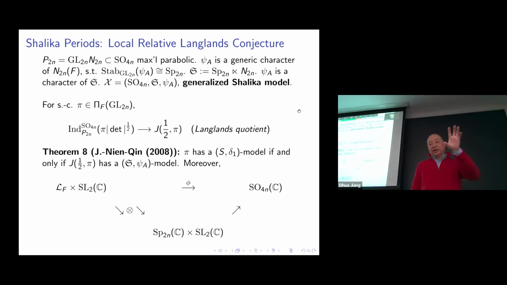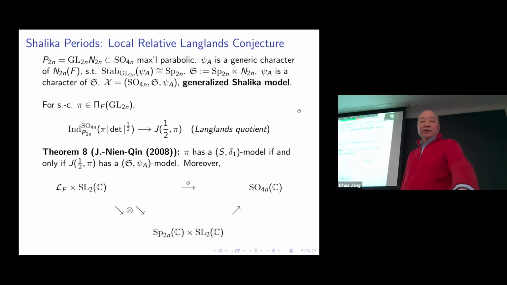You have the reductive part is symplectic group, and then you do the same thing, right? So you induce from the Levi, and then when the exponent is half, you know this is reducible and has Langlands quotient. Yeah. So this representation will be Arthur type.